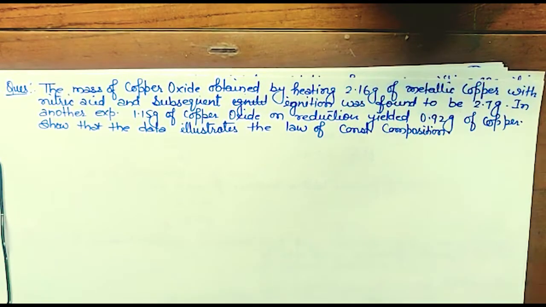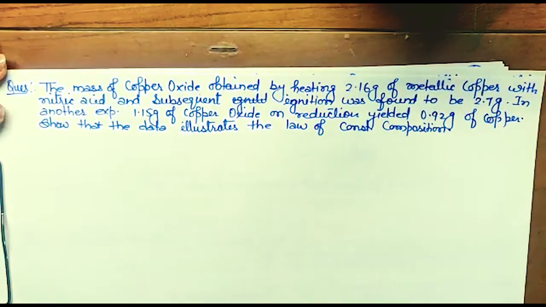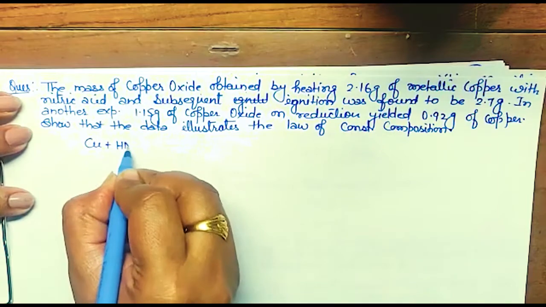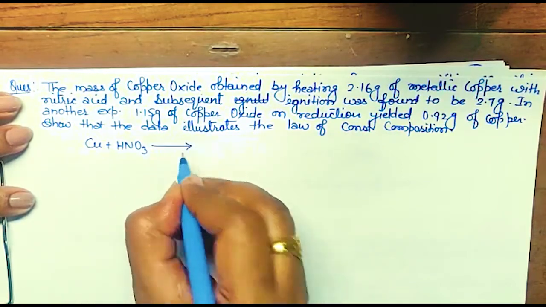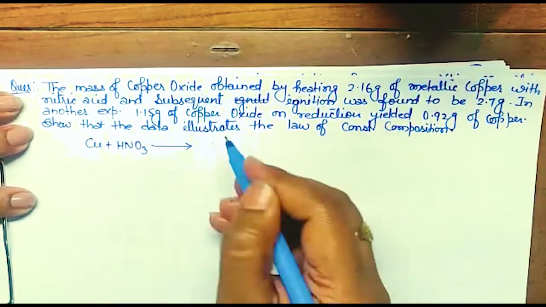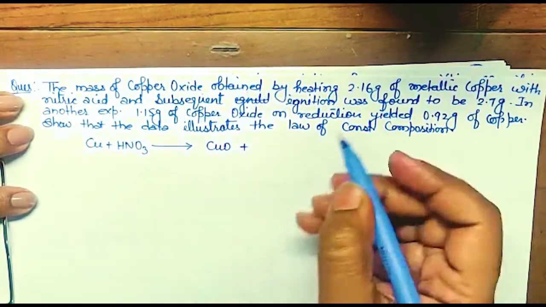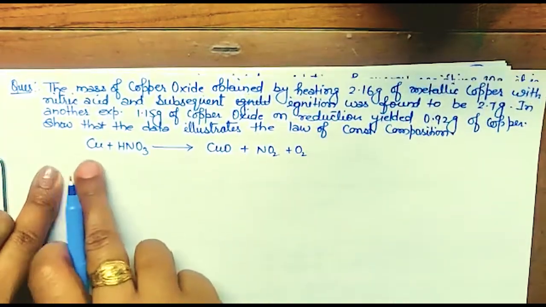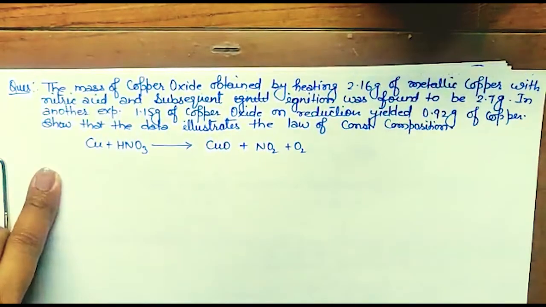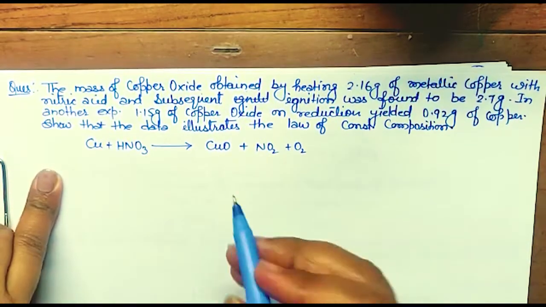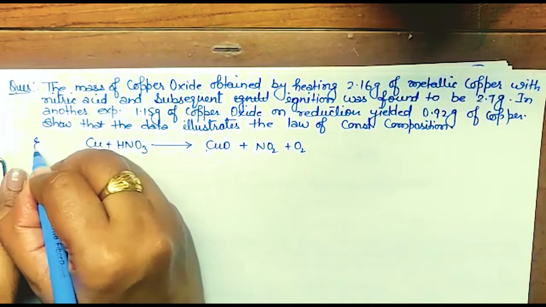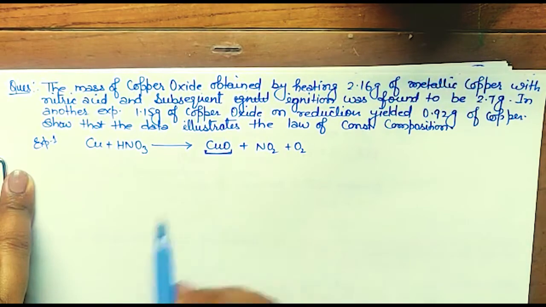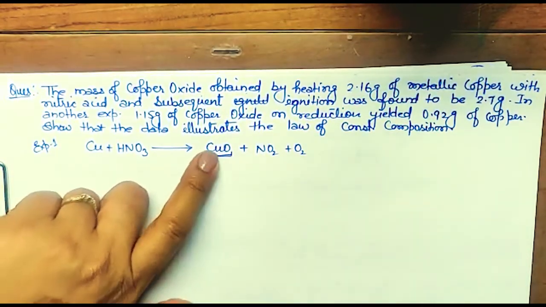Okay. So in that first experiment, you have to find the ratio in copper oxide. Actually, the first equation is Cu plus HNO3, and that is going to give you copper oxide, CuO, and the rest NO2 and oxygen, which you are not supposed to even write. If you do not know this equation, there is no problem. Just to explain, I am writing it. Okay, this copper oxide is experiment 1. So what copper oxide we are getting, what is the ratio of copper and oxygen over here?